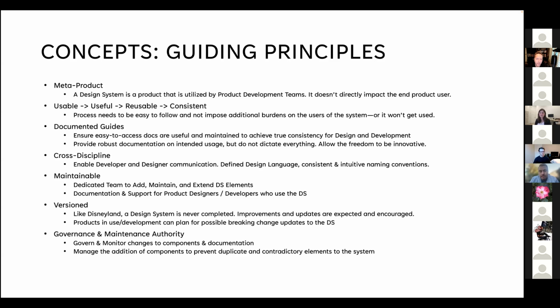The meta product part of that could be beneficial to a user just because of the consistency of the UI controls and patterns that they're being presented with. Especially if you're in a very large product, or a product company that has many large products within it, like Apple, being able to understand those patterns throughout the whole ecosystem helps with that.